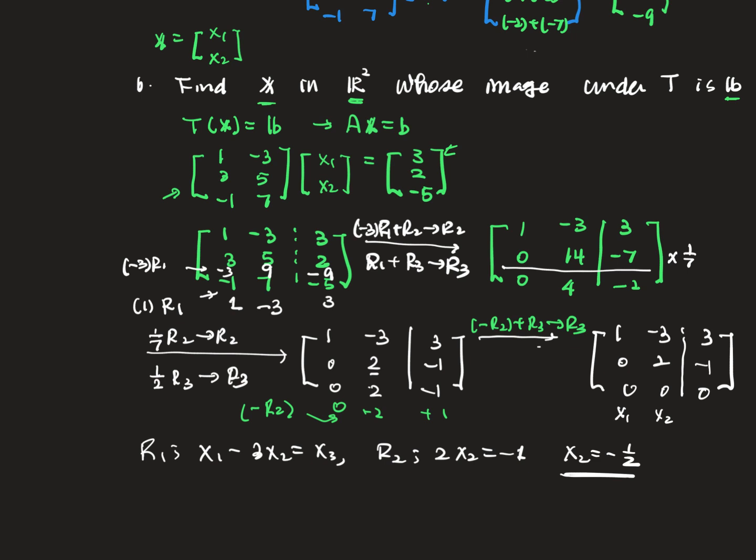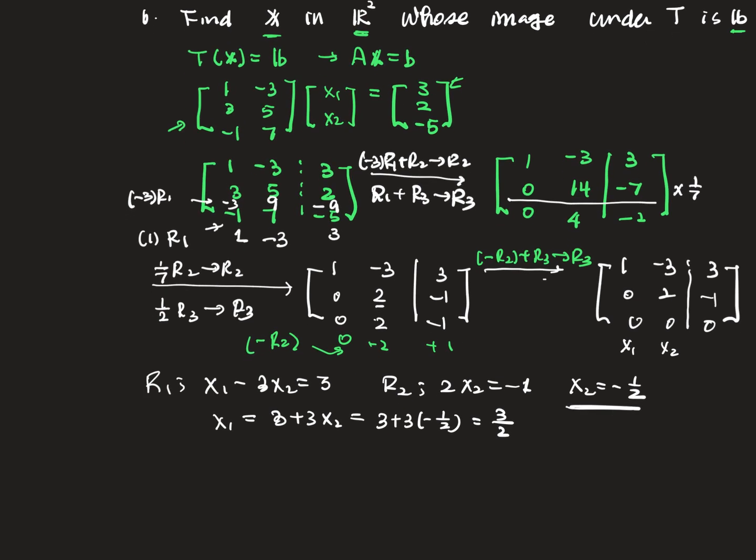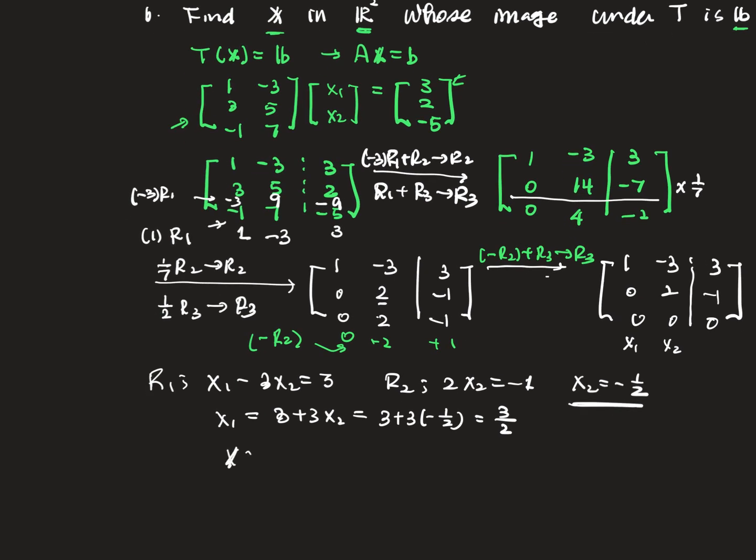Oh no, this one is just 3, guys. So x1 equals 3 plus 3x2. So you find x2 right there, 3 plus 3 times negative 1.5, right? So this one is 3 over 2. Now you find the x vector. X vector is going to be 3 over 2, negative 1 and 2.